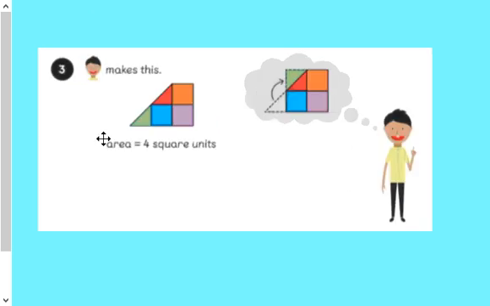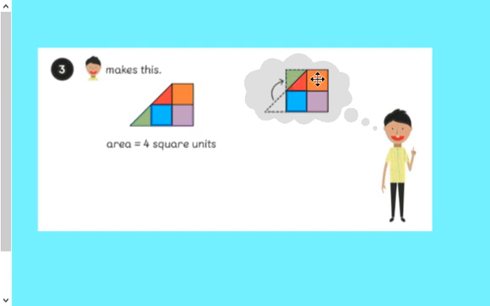Now this young man has done something completely different. He's made a shape using all 5 of the shapes, but his shape looks very different. Now we've still got 1, 2, 3 whole squares here, and what he's thinking in his head is that he could take this half square, and he could rotate it and put it up here.